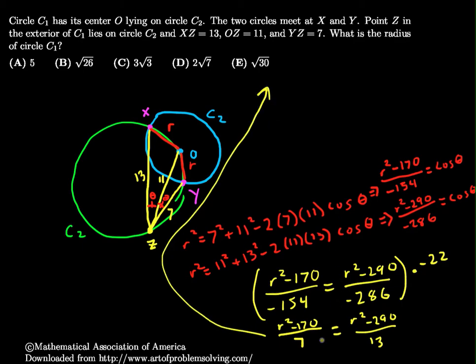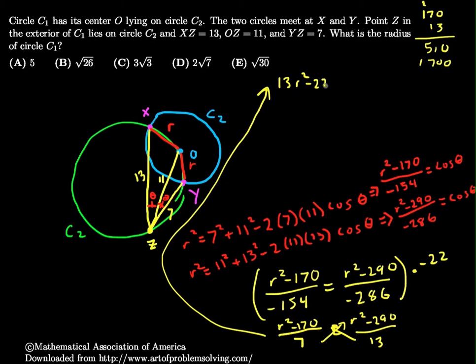I'm going to cross multiply, multiplying both sides by 7 and by 13. I get 13 R squared minus 170 times 13. Let's do that over here: 170 times 13 gives me 2210.